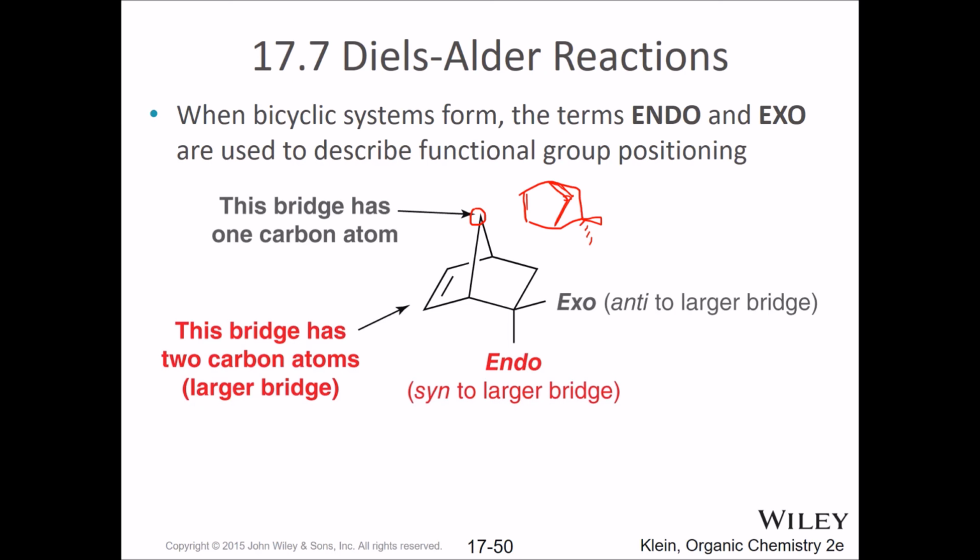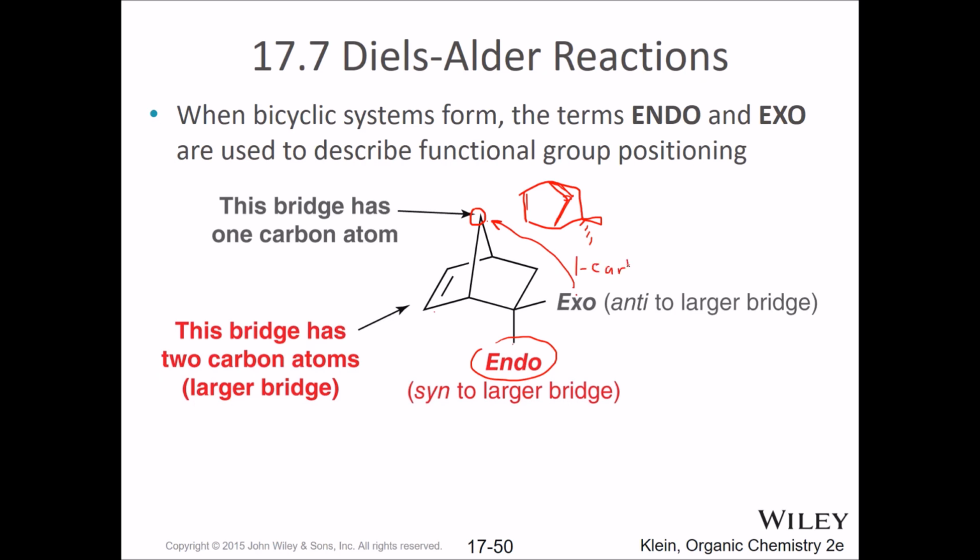Now it turns out that the endo position is the one that's, can you see this is closer to the 2 carbon bridge, this one's closer to the 1 carbon bridge.